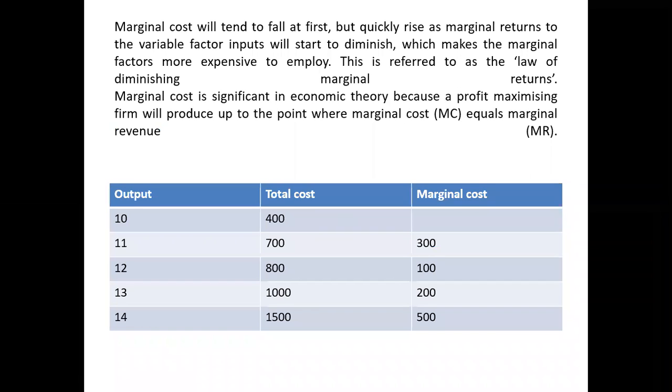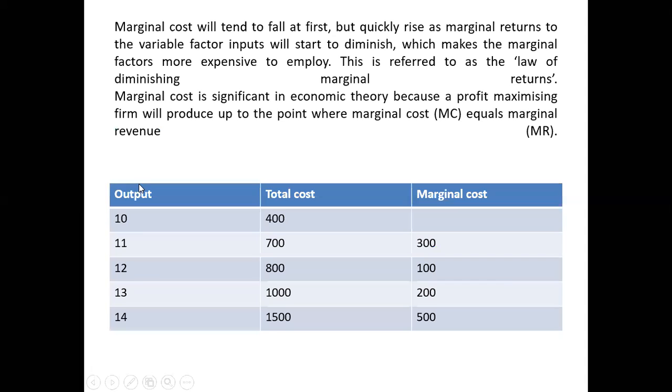So now you see the table. In this table, are you able to see the output? This is the number of outputs. Output means how much commodity is produced. This is total cost and this is marginal cost.